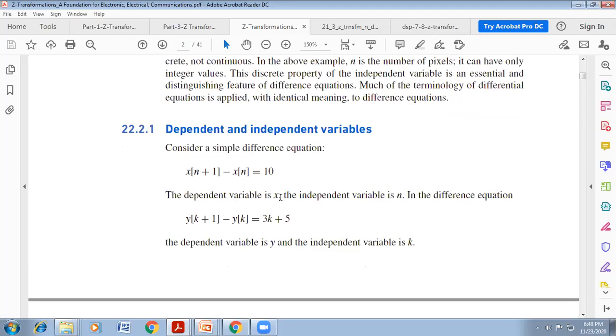The dependent variable is x and the independent variable is n. Similarly, in the difference equation y[k+1] minus y[k] equals 3k plus 5, the dependent variable is y and the independent variable is k.